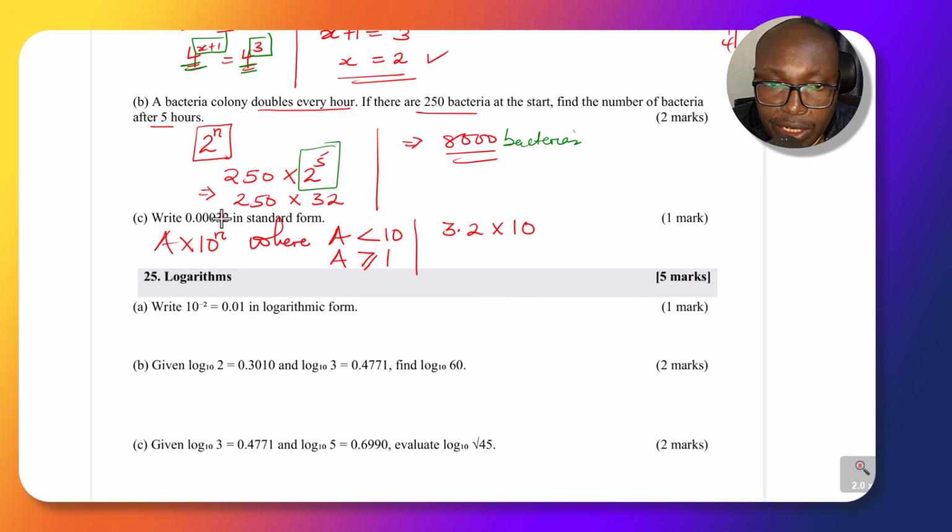Now that you have shifted the decimal point between 3 and 2, how many steps do you move either to the right or to the left to take it to where it was originally? Now on this, you're going to move backwards. To go back to where the decimal was, you move backwards. How many steps? 1, 2, 3, 4. Since you're moving backwards, or to the left, it will be negative 4. And that is how you write that number in standard form.